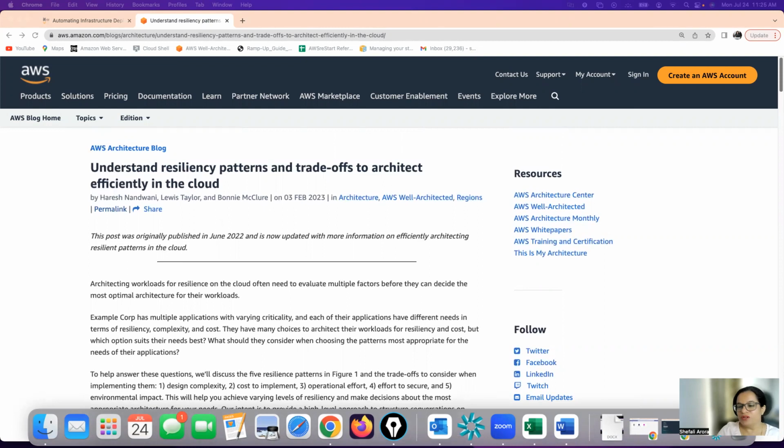So before moving on, what is resilient architecture? What is resilience? Resilience says that it is the capability to recover any application when stressed by load. Okay, so load can be maybe the more number of requests coming to the service, or attacks, which can be accidental or maybe deliberate, intentional, or maybe failure of any component in the workload.